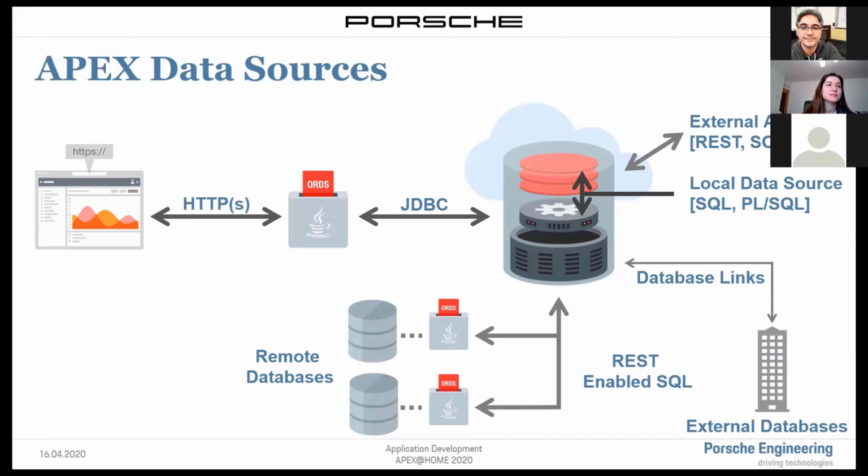External APIs come with two concepts, REST and SOAP. REST is more like an architectural style. It's generally preferred because it leverages less bandwidth, so it's best suited for internet usage. And SOAP is more like a protocol.